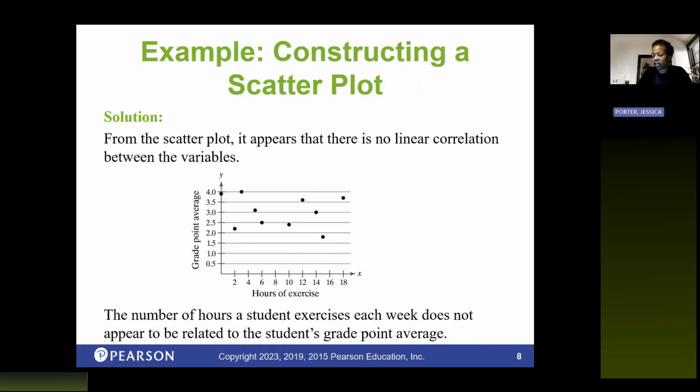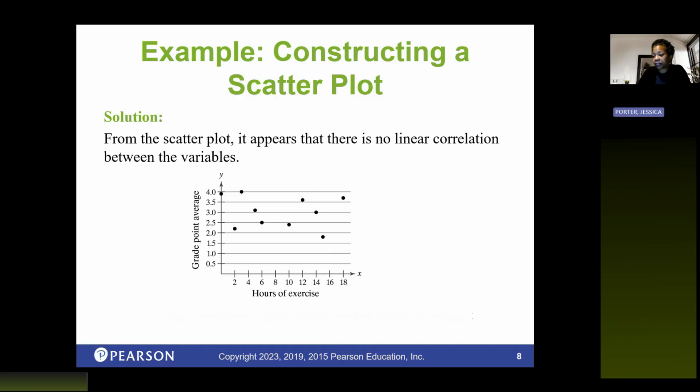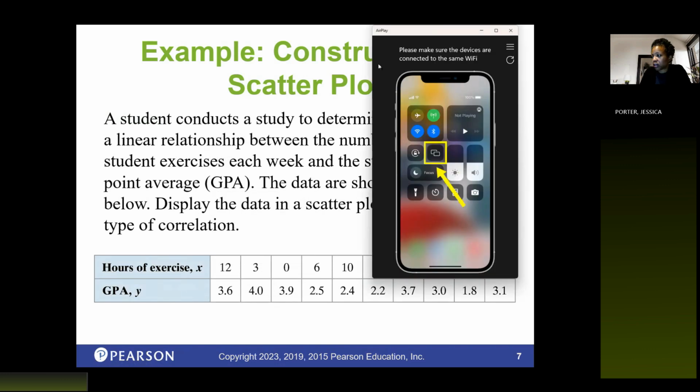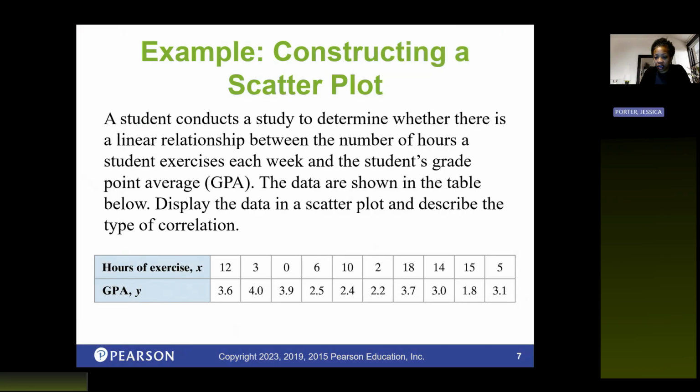I was trying to find one that would give us a small number so we can put it in the calculator. Let's look at how we put this in the calculator.